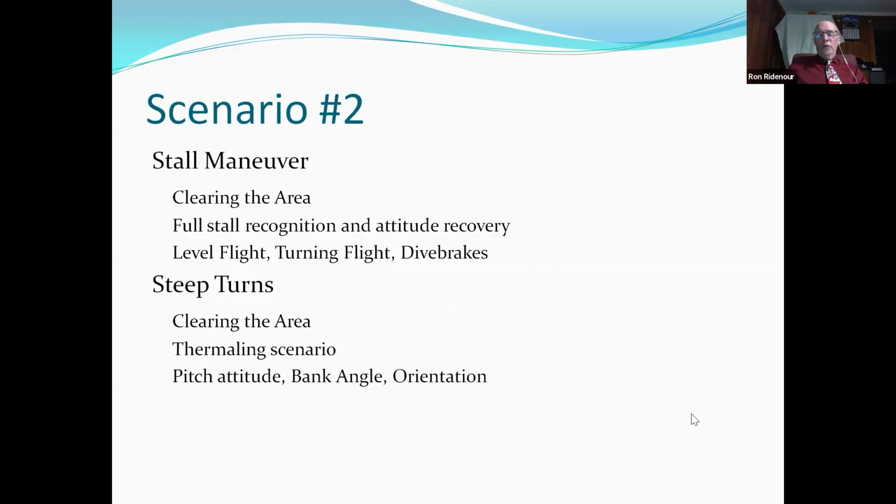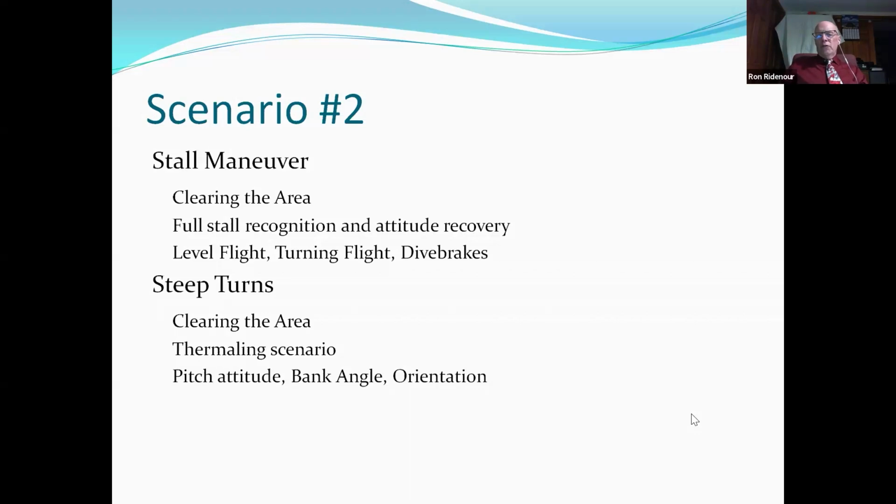One thing that happens is you might find yourself in a very steep descent and you're just maintaining the stall pitch attitude in a very steep descent without really getting a full stall. But in essence, you are stalled because of that high rate of descent that you have.